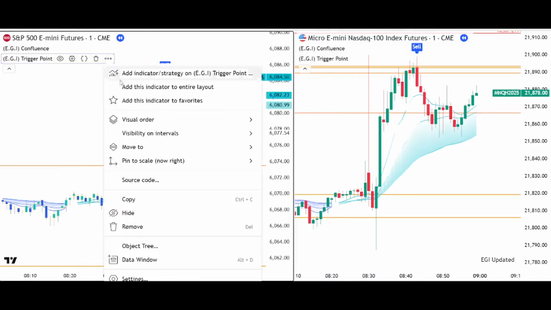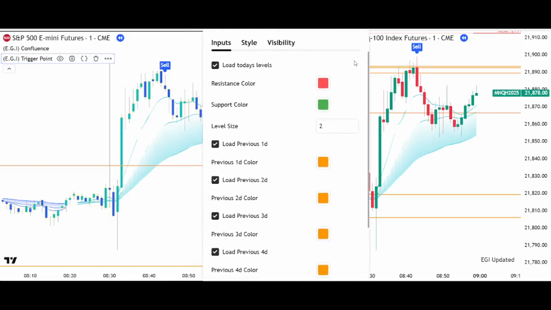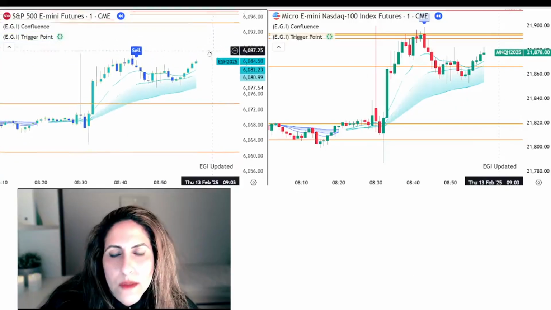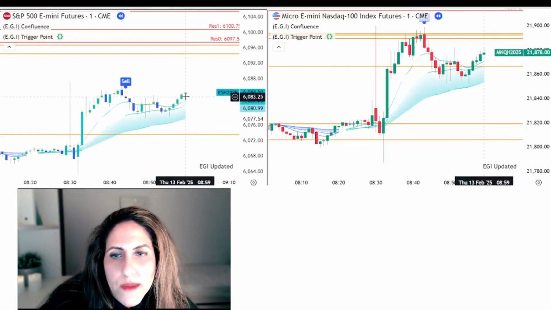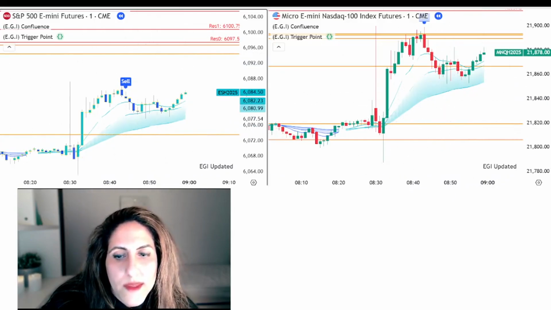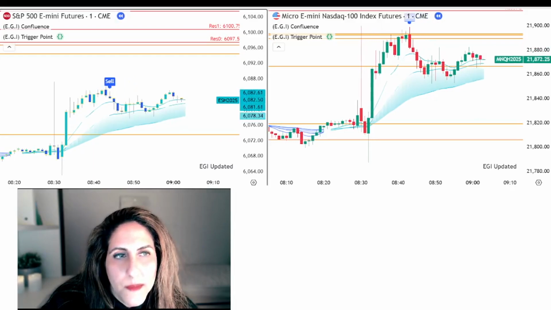Regarding the trigger points, I have the current day's trigger points, red and green levels, and the previous day's trigger points in orange. So looking at ES here, the market is with a high distance relative to each one of the trigger points. And let's start by running and analyzing.